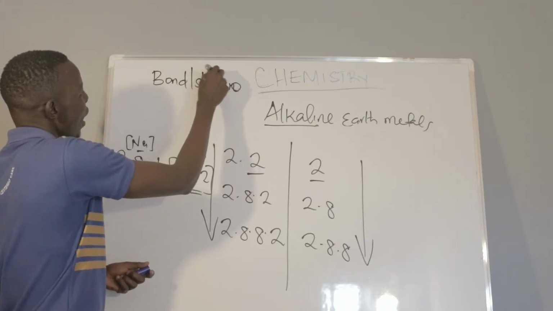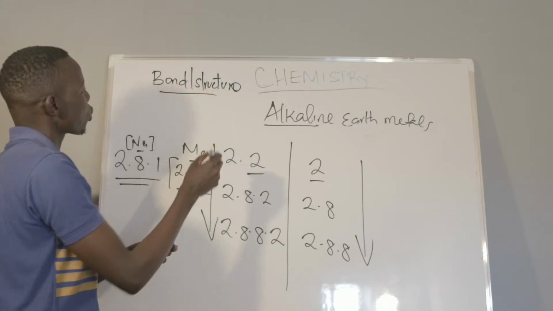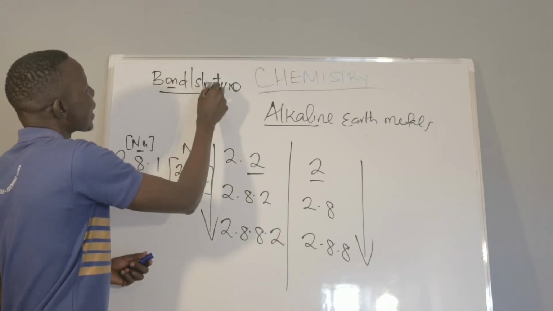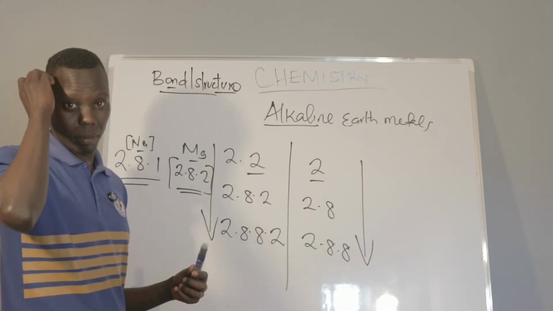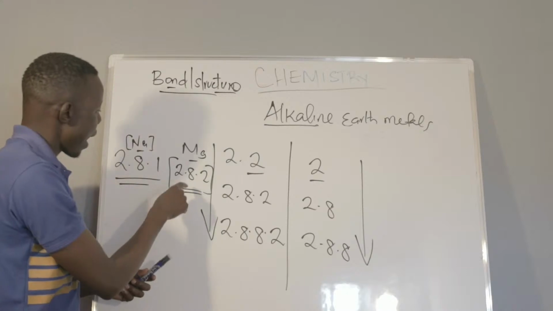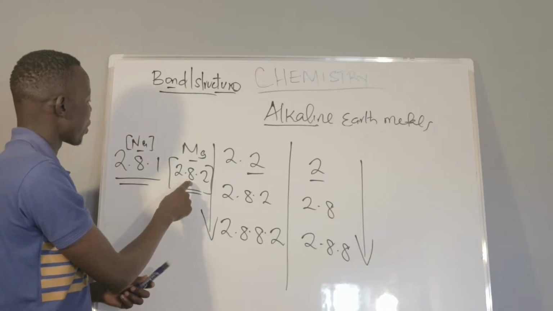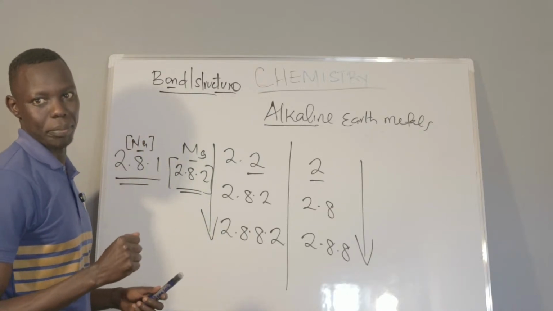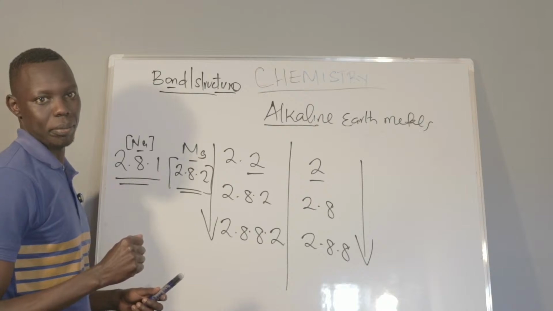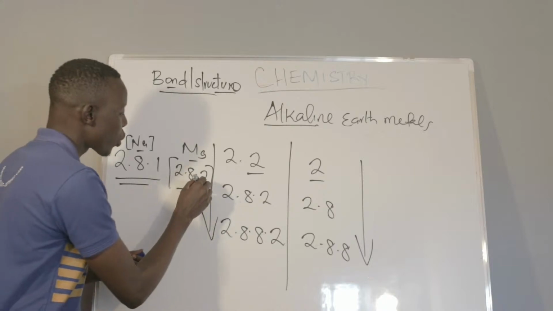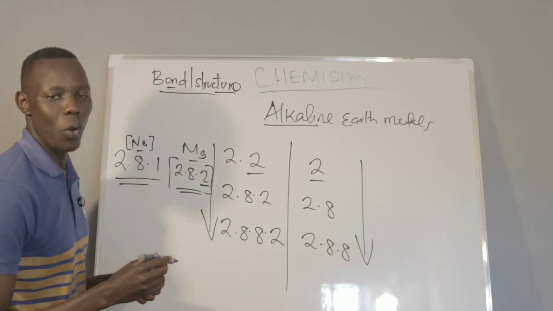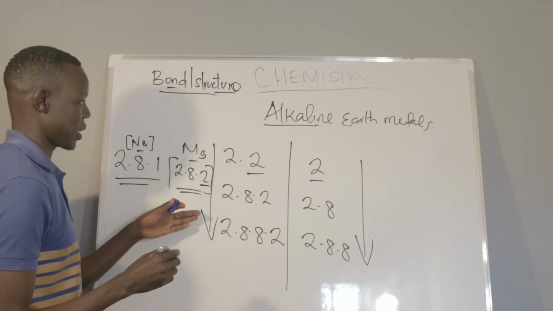You are supposed to explain why something is based on the bond and structure. Now, in this case, magnesium has a higher metallic bond than sodium. Why? It contributes 2 electrons to the sea or the cloud of electrons.